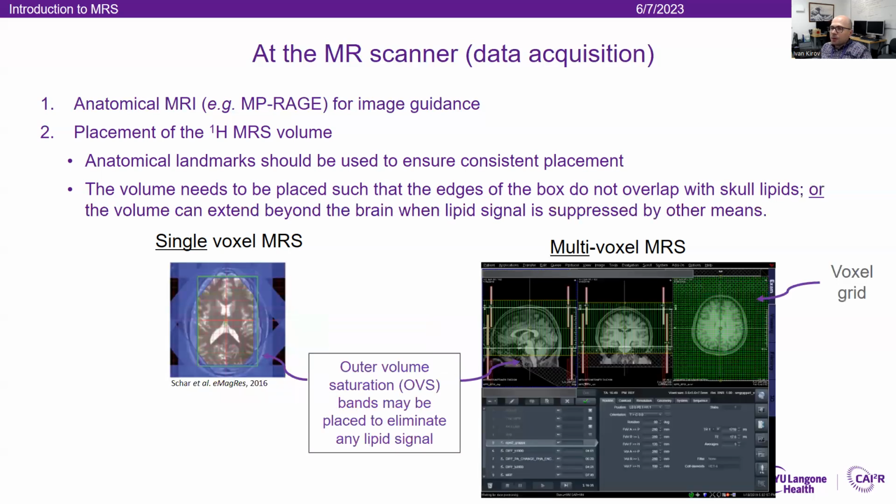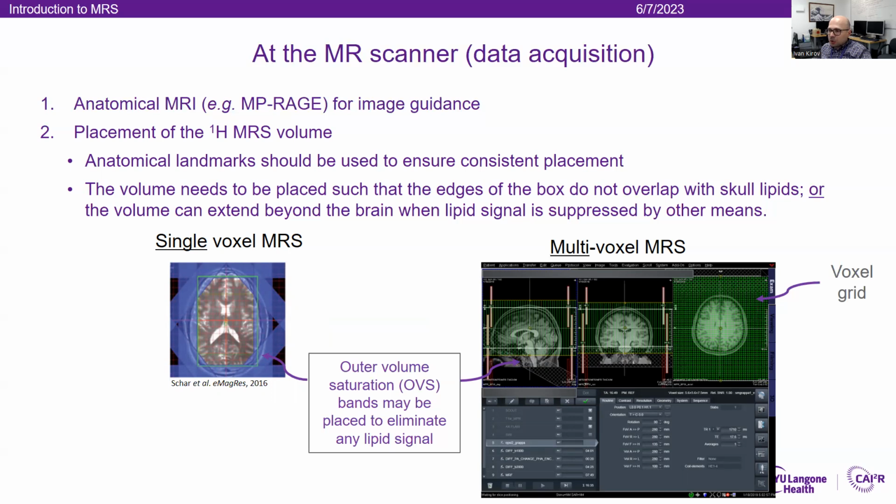Okay. But there are instances when the volume can extend beyond the brain. And that is when lipid signal is suppressed by other means. There are specific MRS sequences that do that, and you don't need to worry about placing the volume only inside the brain.